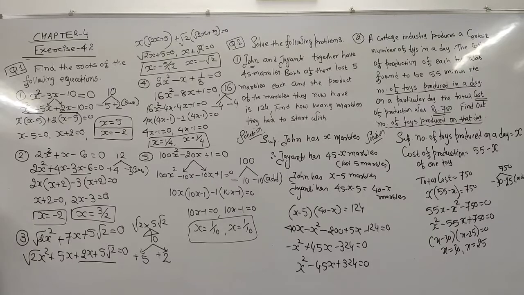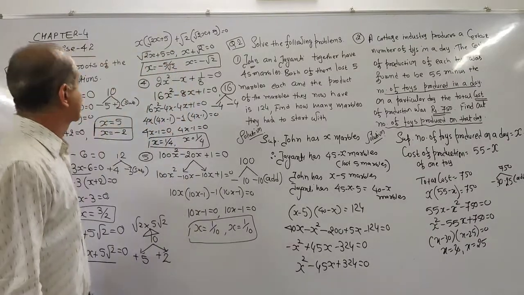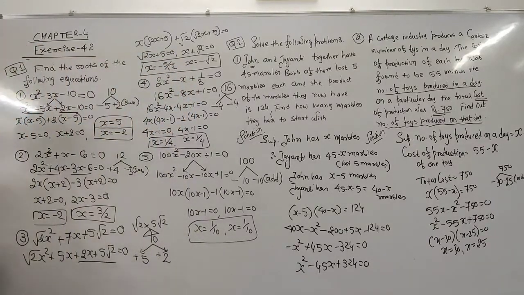So the number of toys produced on a day is either 25 or 30. So in this lecture we have solved question number 1, exercise number 4.2, 5 examples to solve the quadratic equation by factor method.